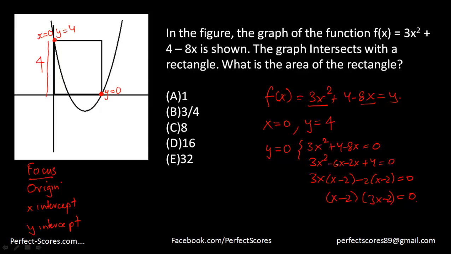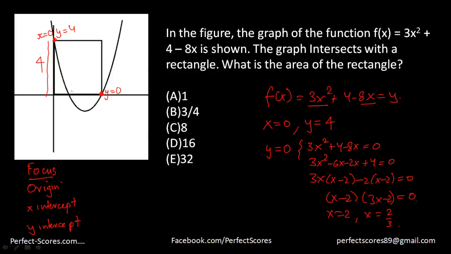Right? So x equals to 2 satisfies that, and x equals to 2 by 3 satisfies that, right? So I got these two values over here. x is equal to 2 and x is equal to 2 by 3.